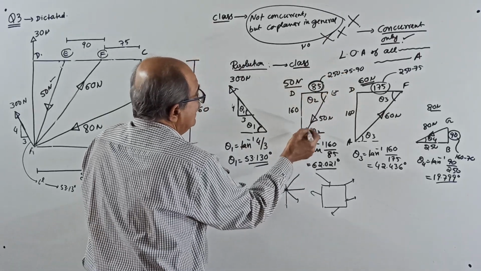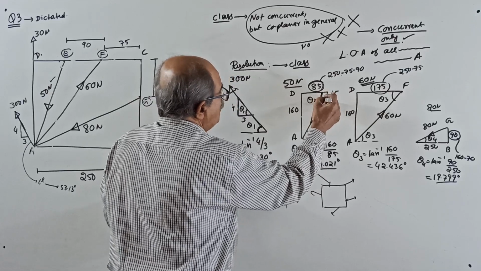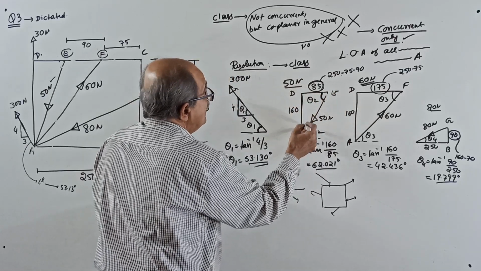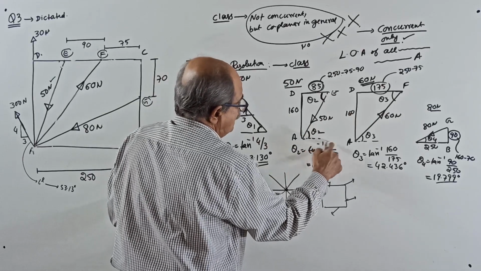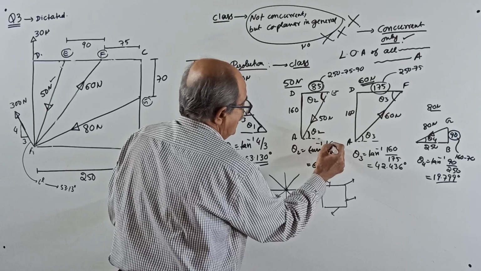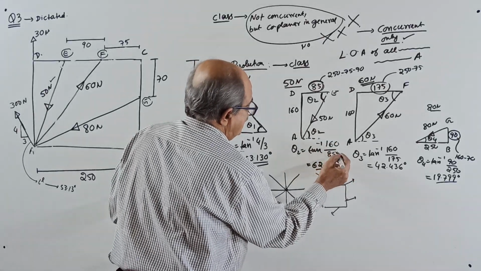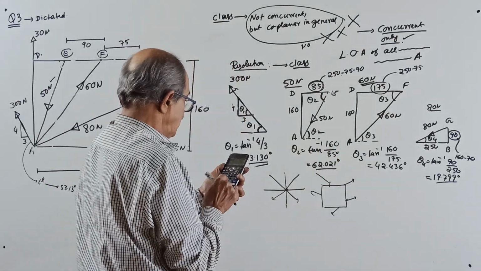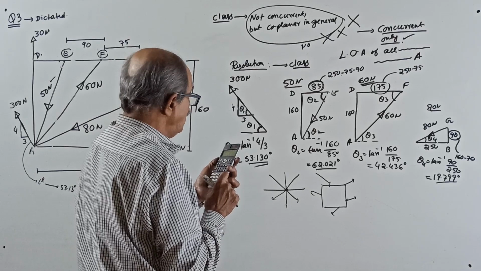Now you can tell this angle theta 2: tan theta 2 equal to 160 divided by 85. So theta 2 equal to tan inverse of 160 by 85. I just check it: 160 divided by 85, shift tan inverse answer, 62.021 degrees.